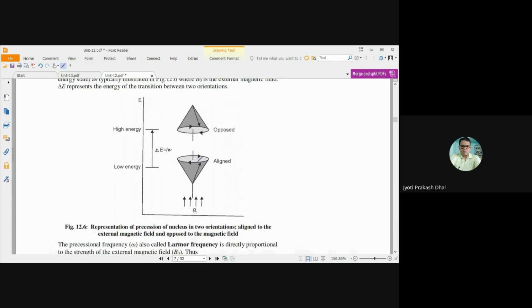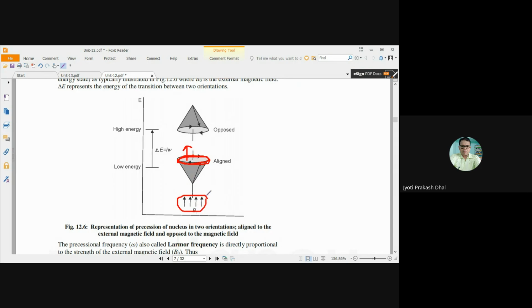That means it can either align with the field, and the motion in which it aligns with the field is present in the lower energy state, or it can be opposite to the field direction, and that is present in the higher energy state. So you can see, this is the spin motion. According to the right-hand rule, the internal magnetic moment will be in this direction, and here this is the external magnetic field B0.